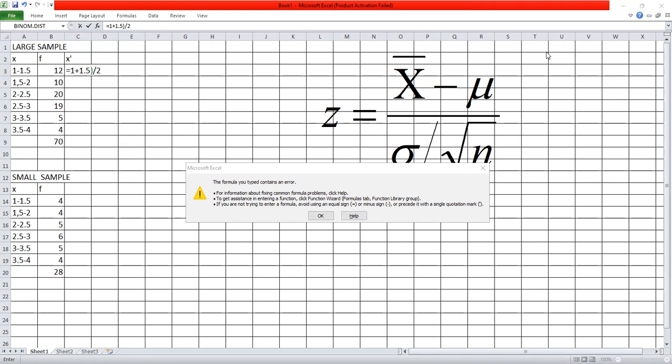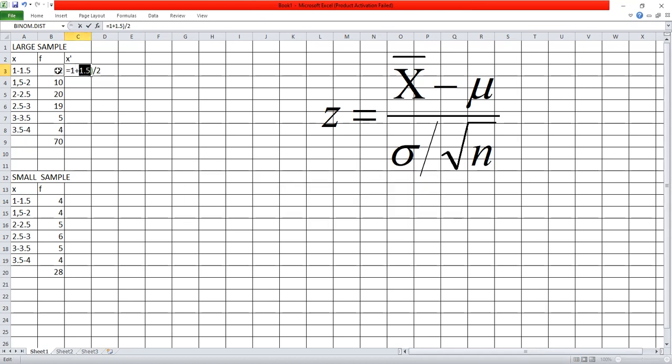I'm missing a bracket here. That is the bracket. So that's 1.25. Then we add what? What's the difference? 0.5. So we add 0.5 to get the next midpoint. You add the class size. Then I do it for all.